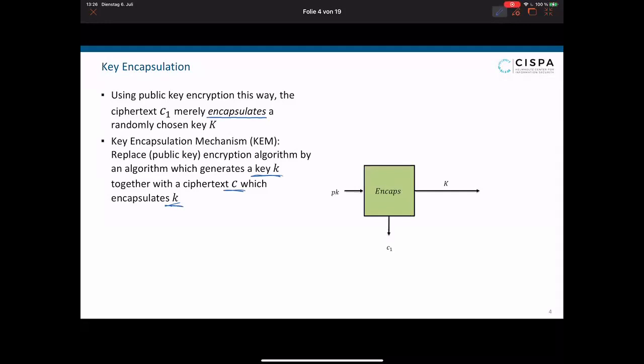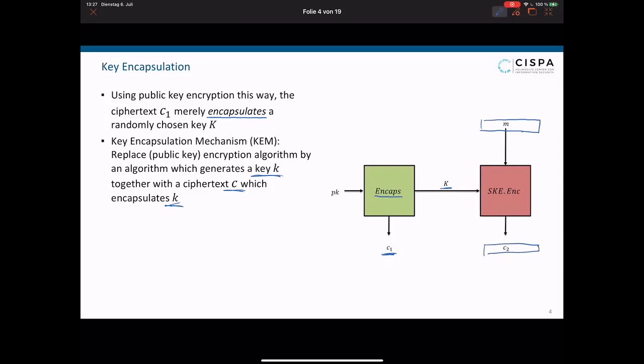So really, instead of an encryption algorithm for our public key scheme, we now have an encapsulation algorithm, which takes as input just a public key and outputs two things. It outputs this randomly chosen key K and the ciphertext header C1, which encapsulates this key. And then, of course, in hybrid encryption, we can just use this key K, feed it directly as key into our private key encryption scheme, and use it to encrypt our actual payload message.